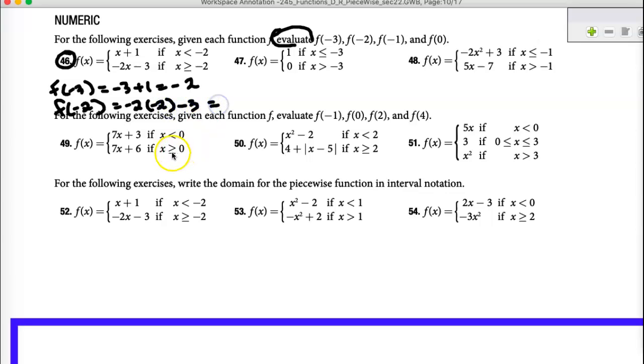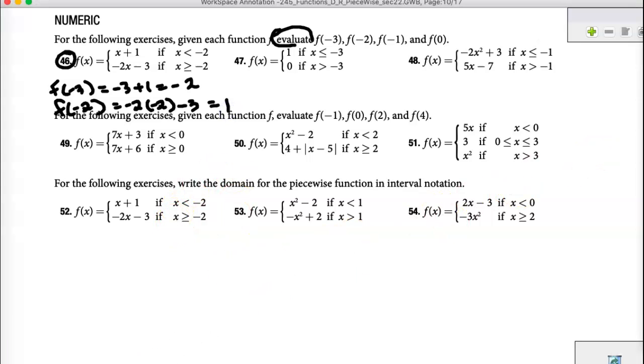When you do the order of operations, this product is 4. 4 minus 3, you're going to get 1. So when we conclude, when the input value is -3, the output value is -2. When the input value is -2, the output value is 1. Right? We're using our function notation to conclude.